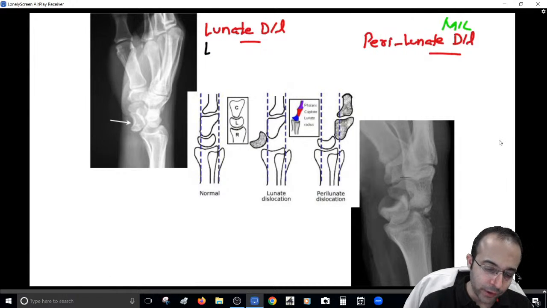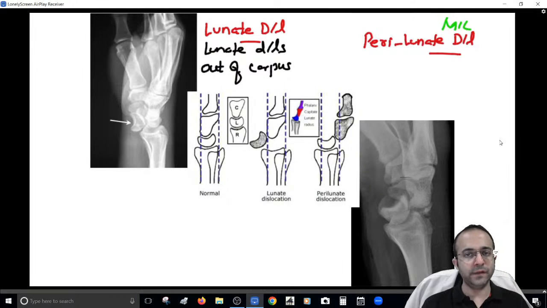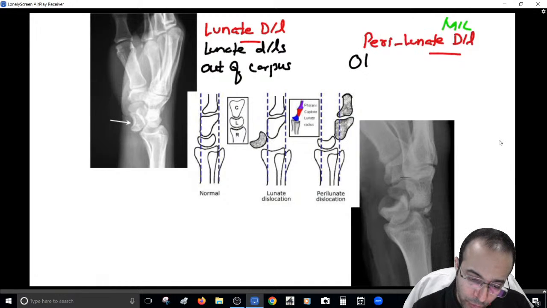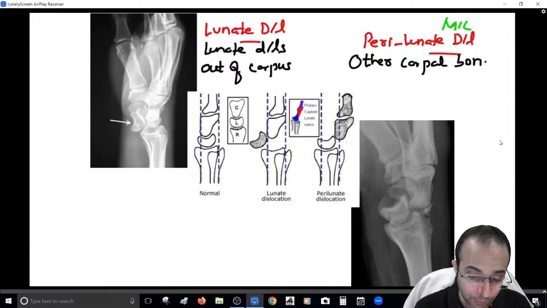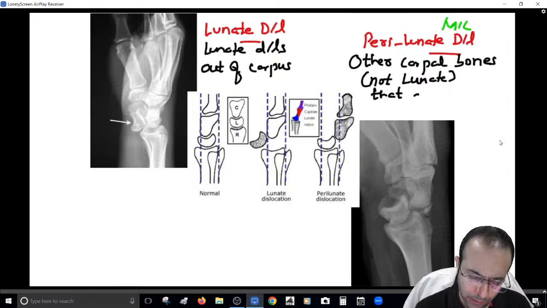In lunate dislocation, this bone lunate dislocates out of the carpus. But in perilunate dislocation, it's the other carpal bones, but not lunate, that dislocate out of the carpus.